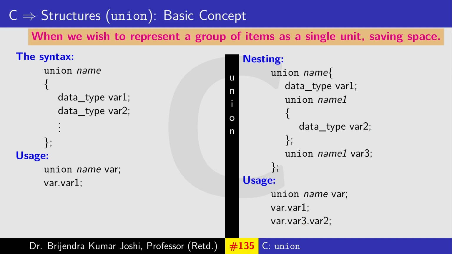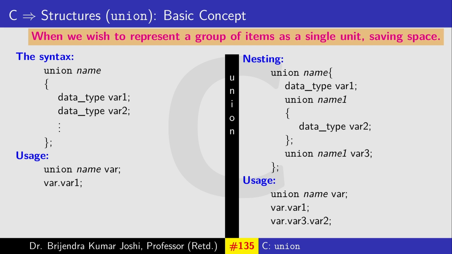So what is the difference between a structure and a union? In case of a structure, suppose we have two variables of type character. The total amount of space occupied will be 2 bytes.